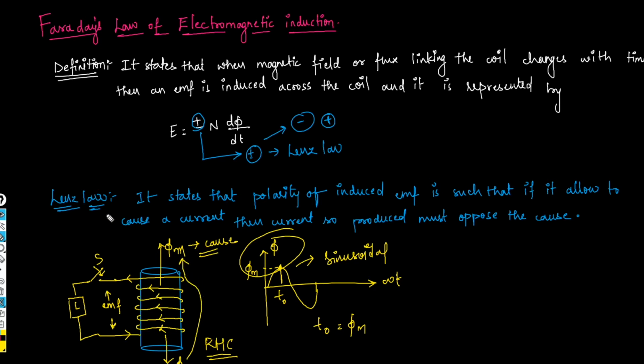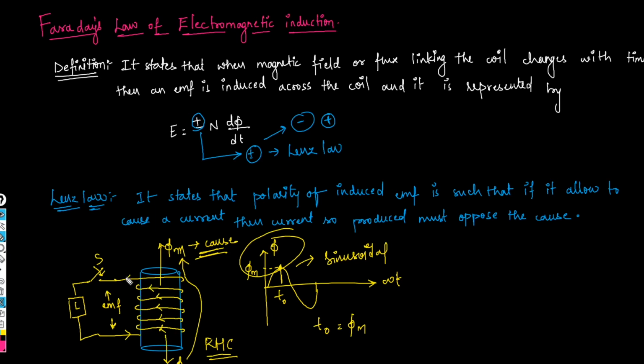So our Lenz law has been satisfied because it opposes the main flux, or the cause. This flux will oppose the cause only when the current direction is as shown.